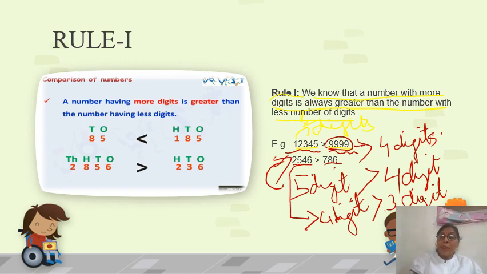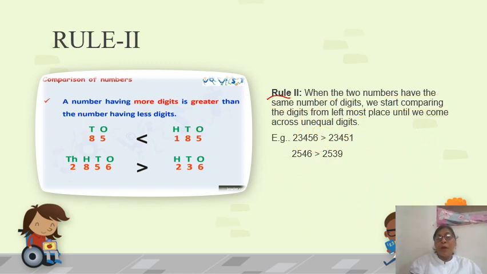So 2546 is greater than 786. Rule number 2. When the two numbers have the same number of digits, we start comparing the digits from the leftmost place until we come across unequal digits.